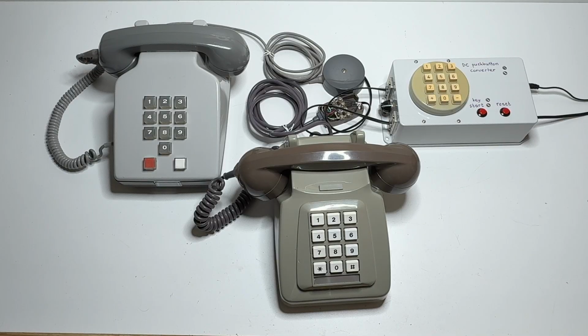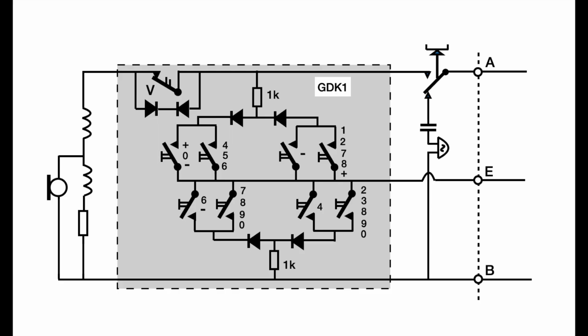The default setting of the converter is to have the phone connected to the exchange in order to allow incoming calls. For making a call, it's required to press the start button that activates the converter.